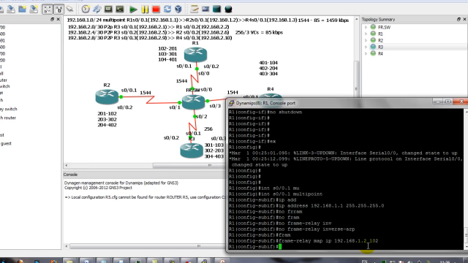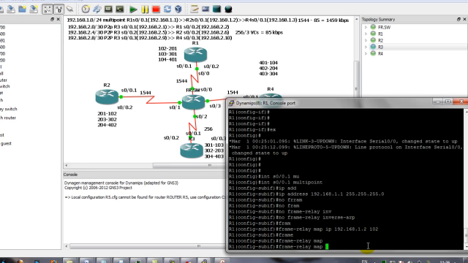The second one, I want to use frame relay map IP with 192.168.1.3. This is the IP address of router 4, so go through DLCI 104.